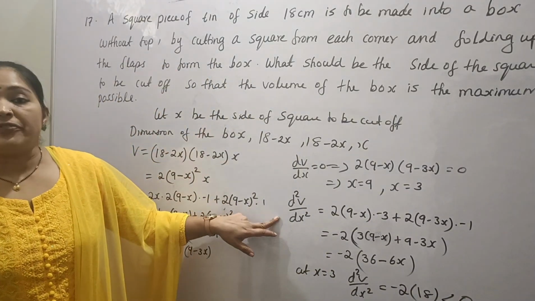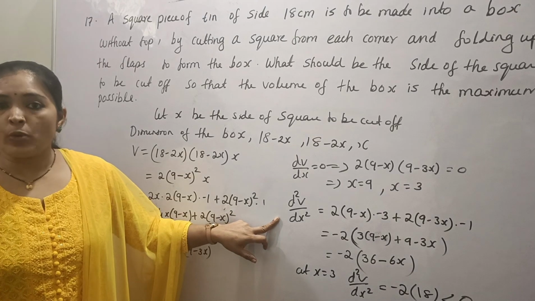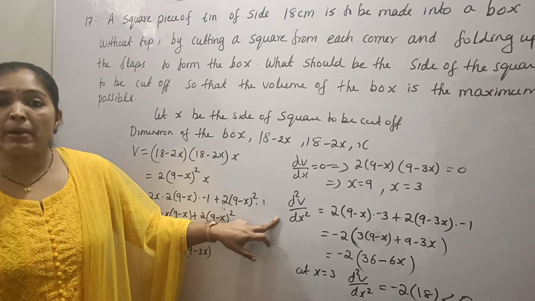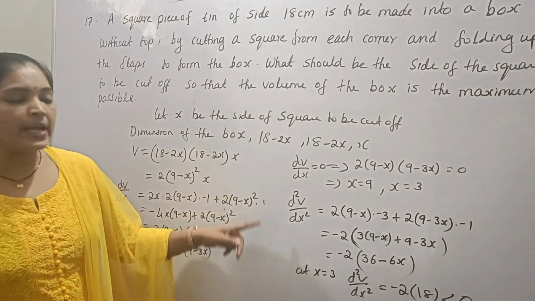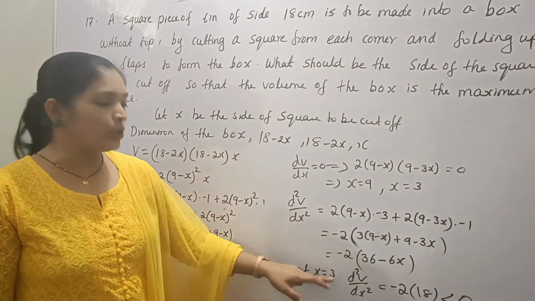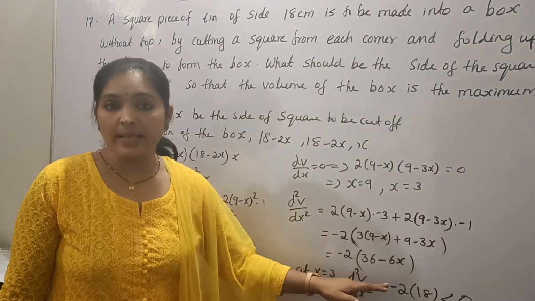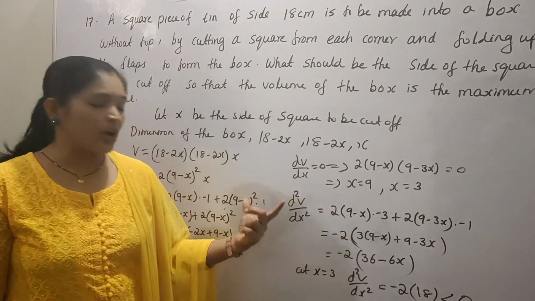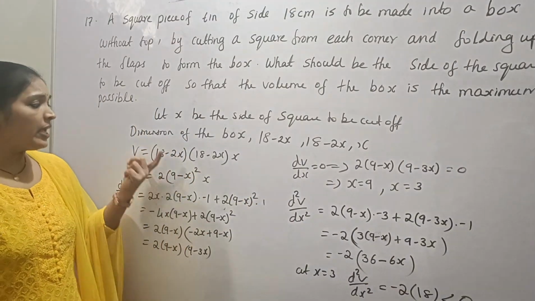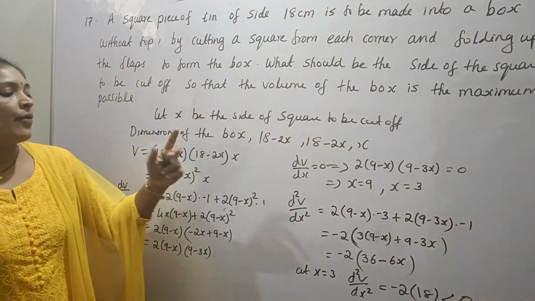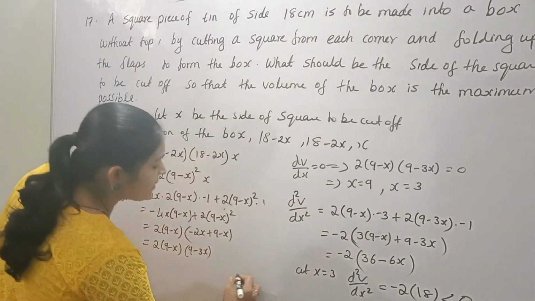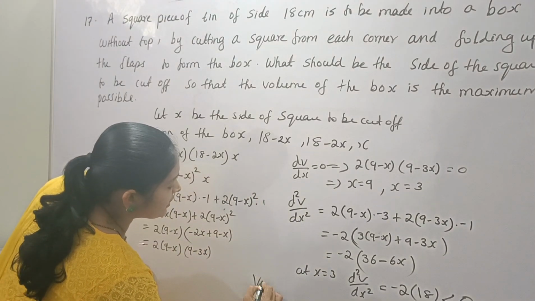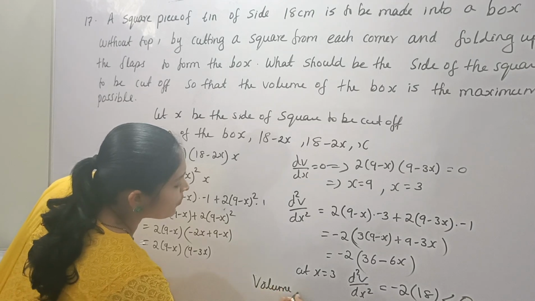So that is, f double dash of c less than 0 means that the function is maximum at that point. Okay, so here we have got d square v by dx square at x is equal to 3 is less than 0. That means this function, that is v, the volume, is maximum when x is equal to 3. Okay, so we can write v, the volume of the box.